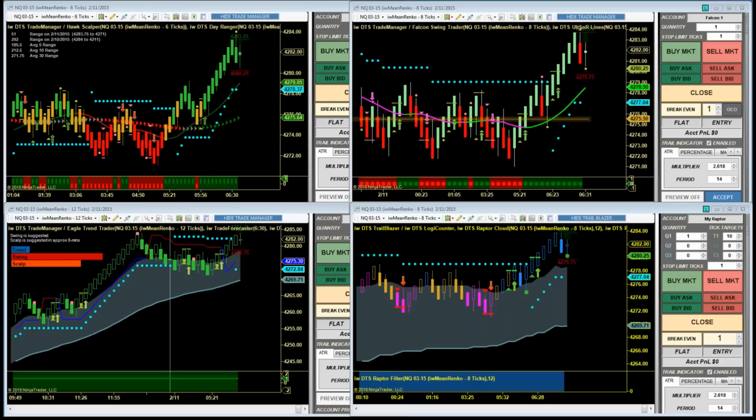Bottom left, we have the Eagle Trend Trader. And the bottom right, we have the latest addition to the Indicator Warehouse family of trading tools, and that's called the Raptor. The Raptor is actually a blend of the other 3 tools. It kind of takes the best out of the Hawk, the Falcon, and the Eagle and combines them into one tool.